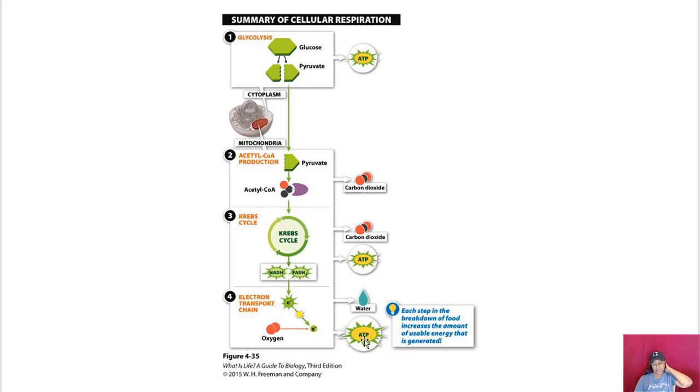So as you can see, this step of putting the 2-pyruvate, the products of glycolysis, into the mitochondria yields even more ATP, and that's really important, right? So what we can see is that each step in the breakdown of food increases the amount of available energy that's generated.